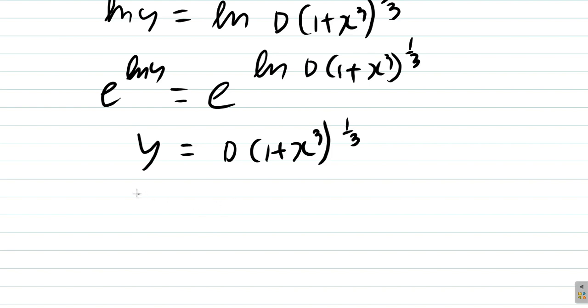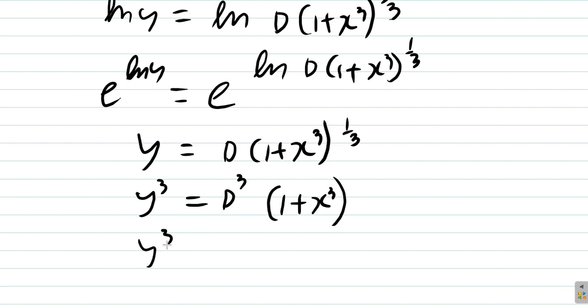What you would have is y to the power of 3 is equal to d to the power of 3 times 1 plus x cubed to the 1/3 to the power of 3, which leaves us with just 1 plus x cubed. You have to remember your rules of indices. d cubed is just another constant. So y cubed is equal to, call it e, times 1 plus x cubed.